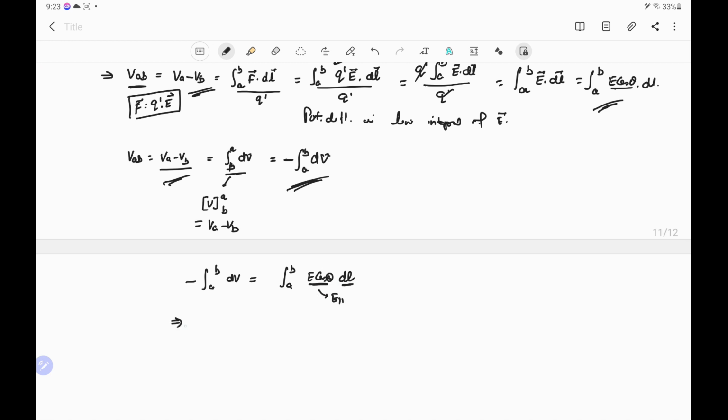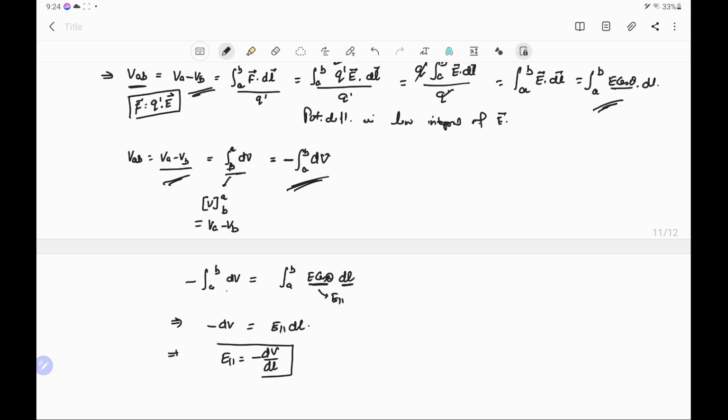Therefore, comparing these, because the integrals are equal, their integrands will also be equal. So it is minus dV, and here it is E parallel dl, or we can write E parallel equals minus dV by dl.